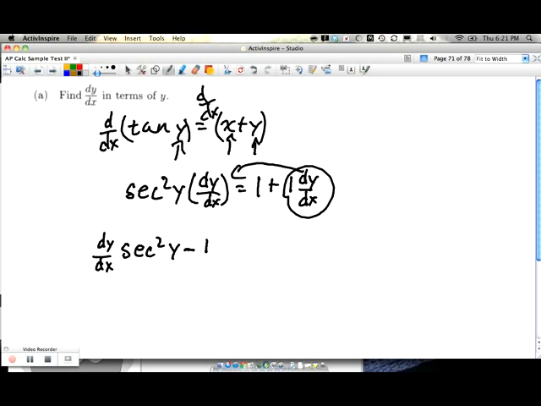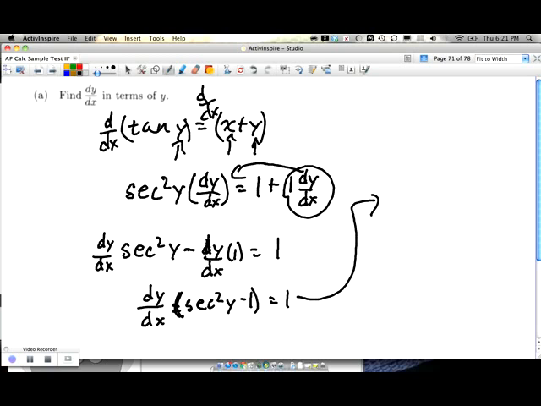Then when I factor out that dy dx, we have dy dx times secant squared y minus 1 equals 1. Now to continue the algebra, we can divide both sides by secant squared y minus 1. That means we get dy dx equals 1 over secant squared y minus 1.